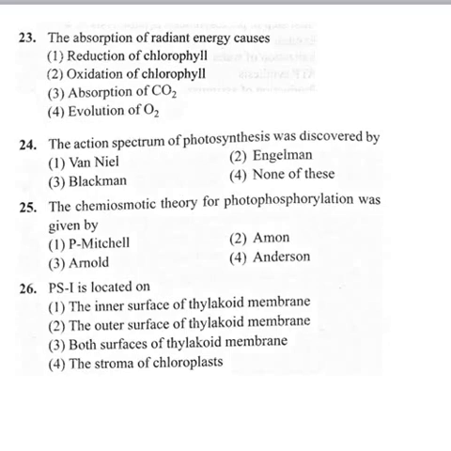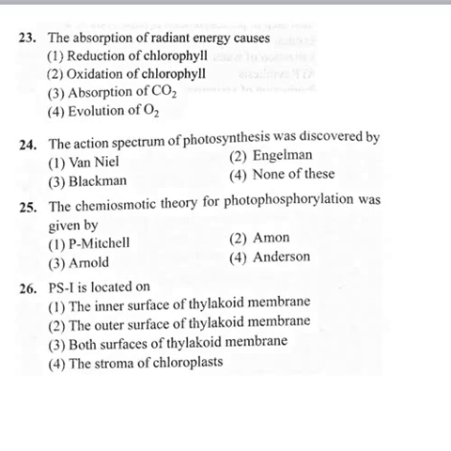The effectiveness of different wavelengths of light on photosynthesis is measured and plotted by quantum yield or amount of action. So in simple terms, the action spectrum is nothing but the effect of different wavelengths of light on photosynthesis measured and plotted. That is called action spectrum. So action spectrum of photosynthesis was discovered by Engelmann.